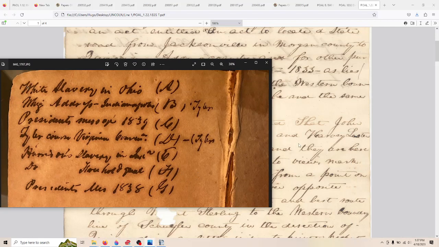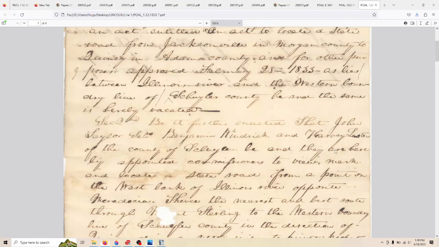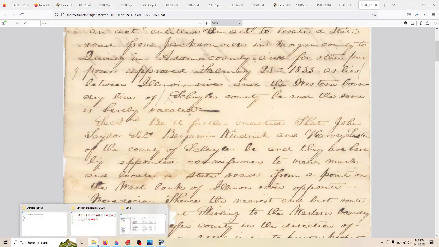Here and here in Harvey. Loops up, loops up. Okay, we saw it a couple times now.